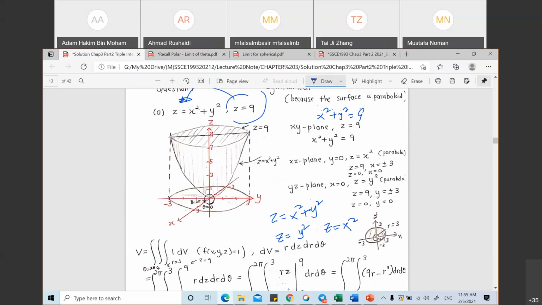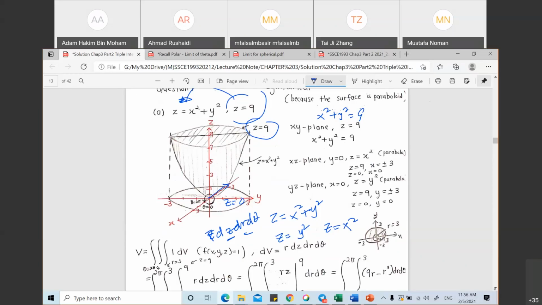So remember, for your integral, you have to change in dz, dr, dθ. For z, it is from 0 to here, right? When z is 0 and z until 9. Okay, remember z is the height, but for your r, you have to see the xy plane, which is 0 to what? 3, because that is 9.